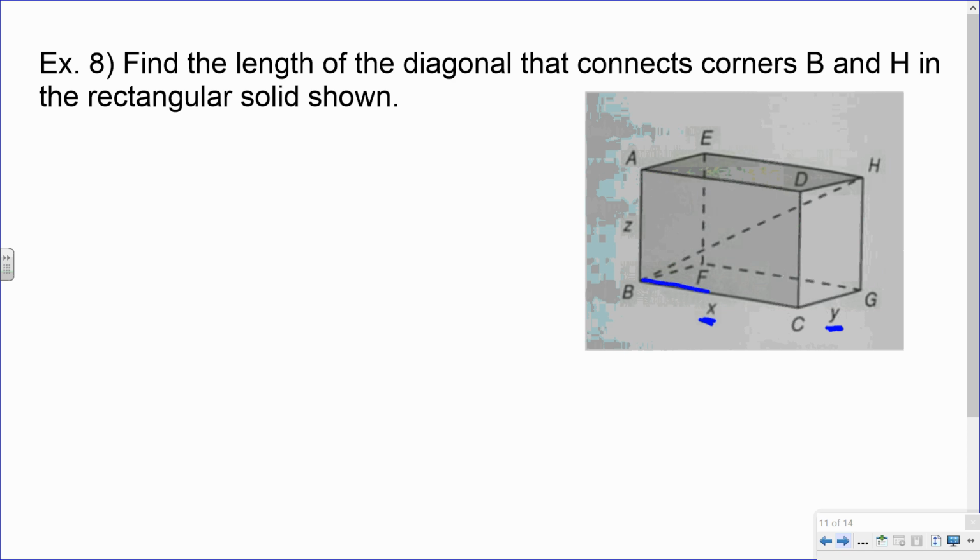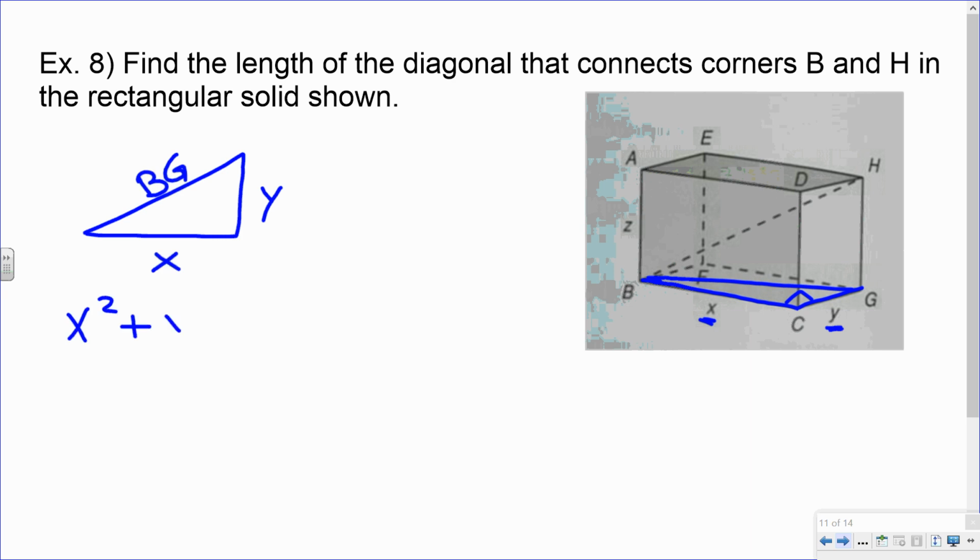So X is this side. It's a box, so this is really a right angle on the bottom. And there's Y. We are first going to find a diagonal just along the bottom of the box that goes from B to G. So if we look just at that triangle on the bottom of the box, this is X, this is Y, and this is however long it is from B to G. Right triangle, Pythagorean theorem.